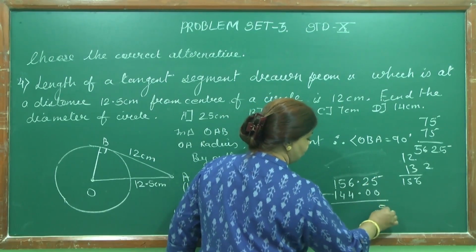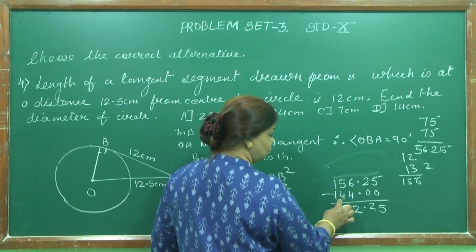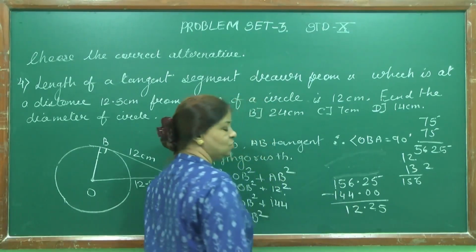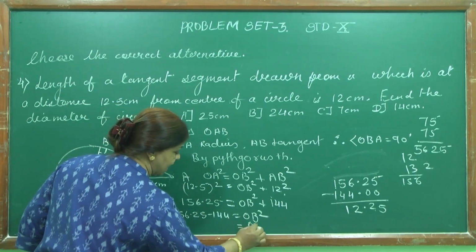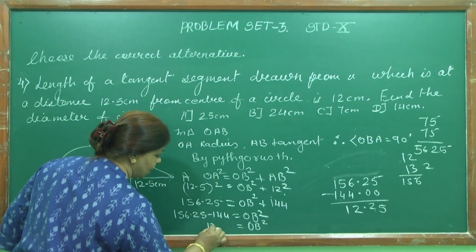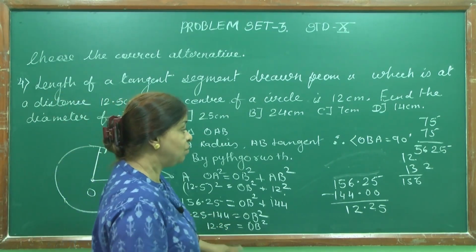Subtract it: 5, 2, 6 minus 4, 2, 15 minus 14, 1. So you get 12.25. So here OB square is equal to 12.25. Now you need to find the square root of it.